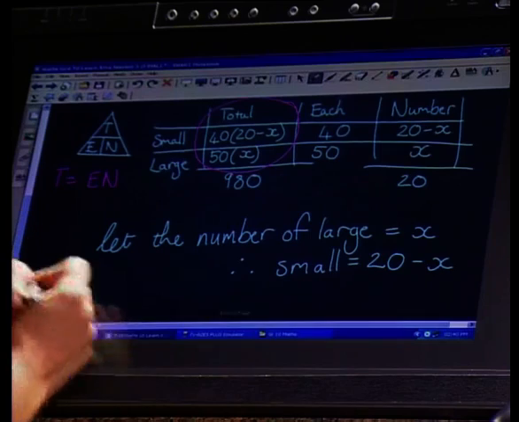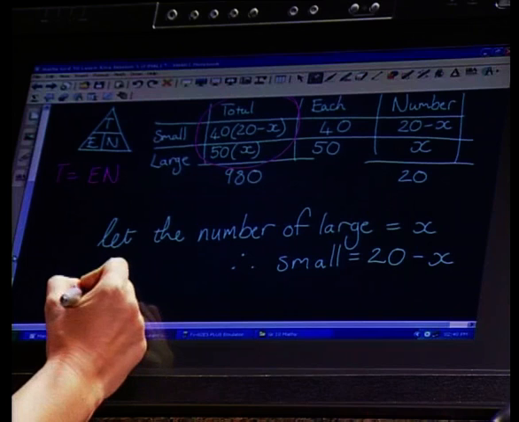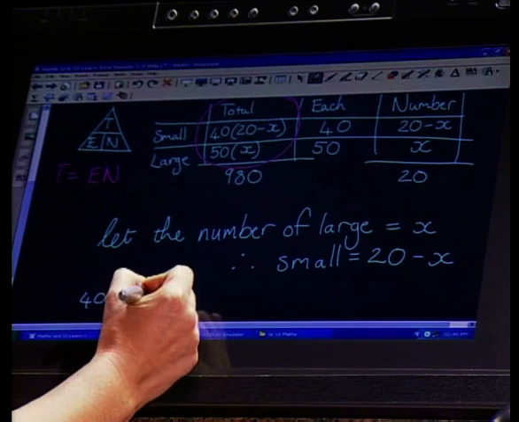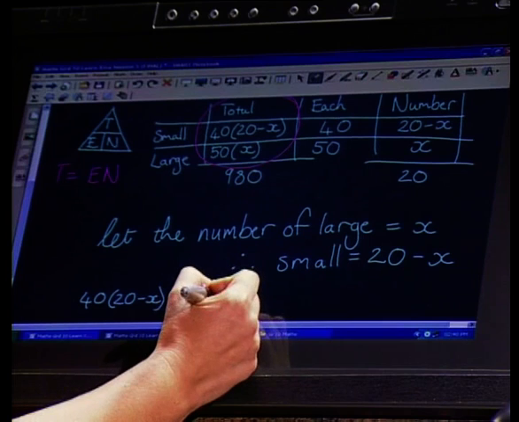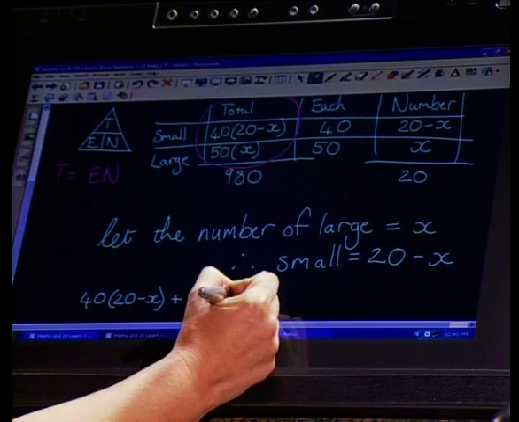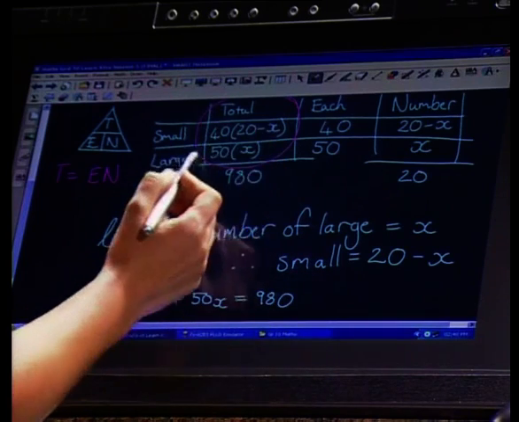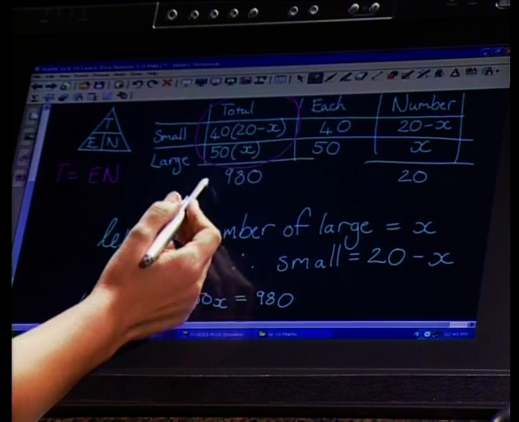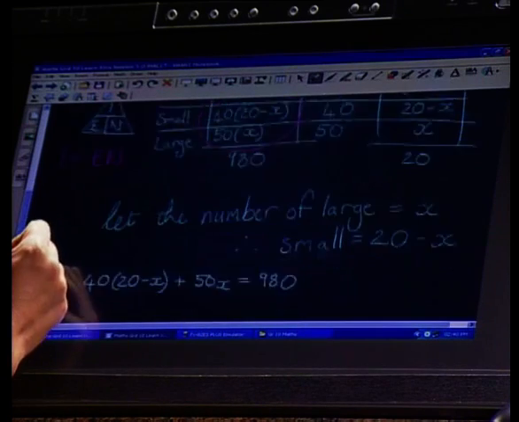All we need to then write down is that 40 times 20 minus X plus 50 times X is equal to 980. So the total price of the small shirts plus the total price of the large shirts is equal to a total price of 980 Rand.